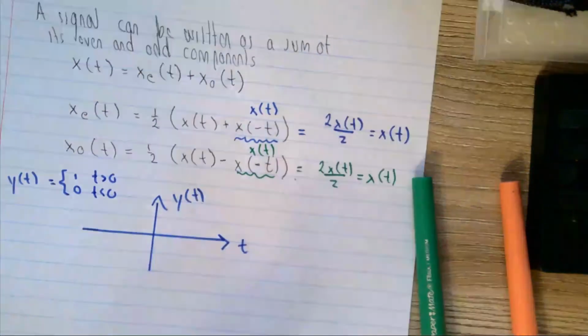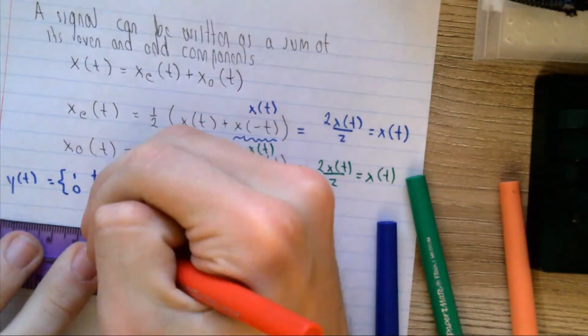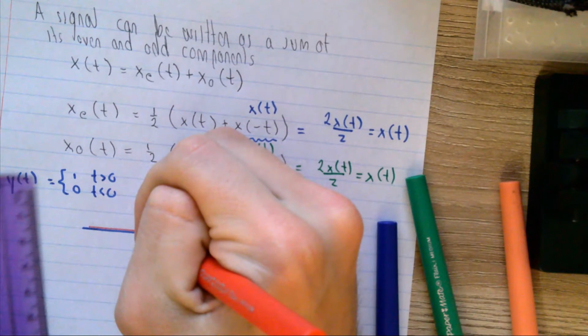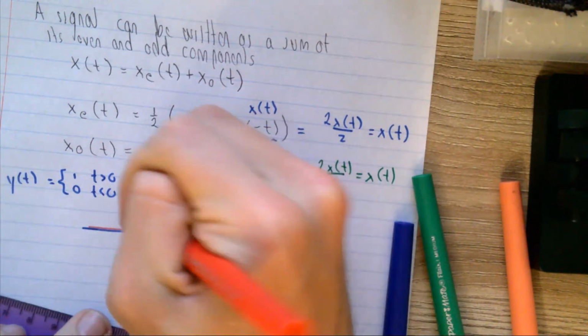And so our signal is going to look something like this. And so this is our y of t signal.